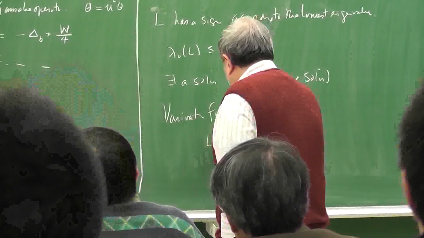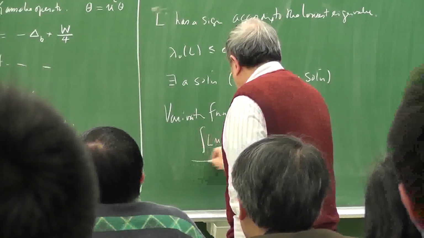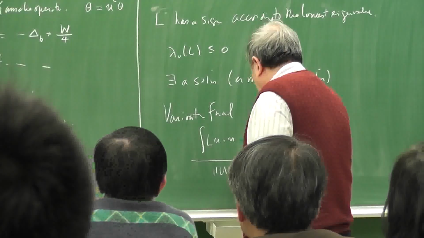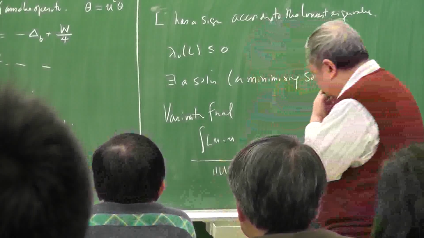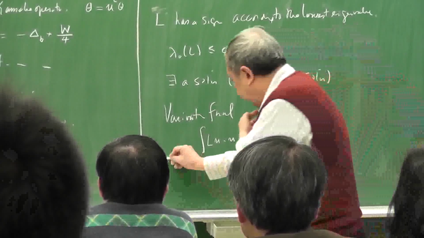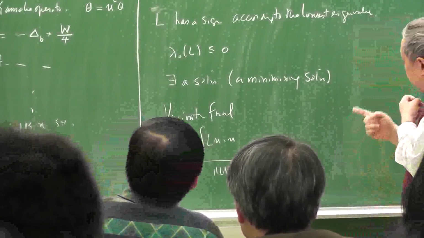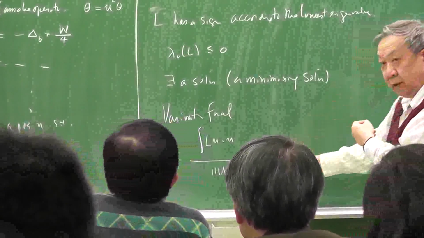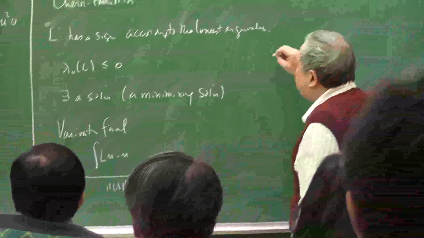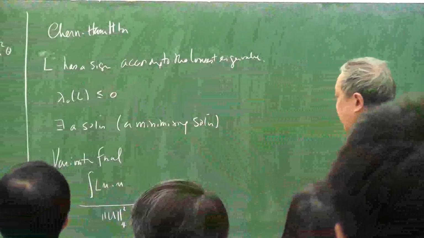You look at L of U times U, you integrate it over this manifold, and then divide it by the L4 norm squared. Because this is quadratic in U, it's homogeneous. So you say that we have a minimizing solution if that solution is a minimizer of this functional. Okay. So Chern-Hamilton has this result.